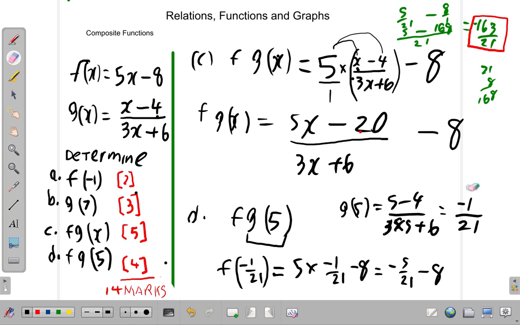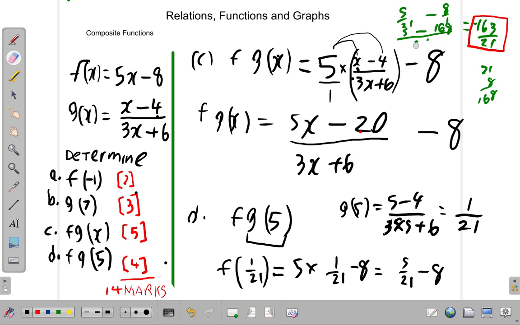Why did I write negative up here? 5 minus 4 is positive 1. Right, I just saw it. Good. So this is a positive 1 over 21. So what we have here is 5 times 1 over 21, it's going to be a positive 5 over 21 minus 8. So what does that give you?